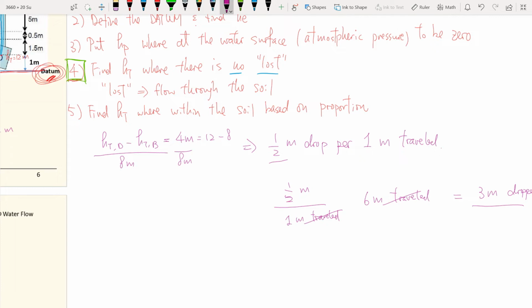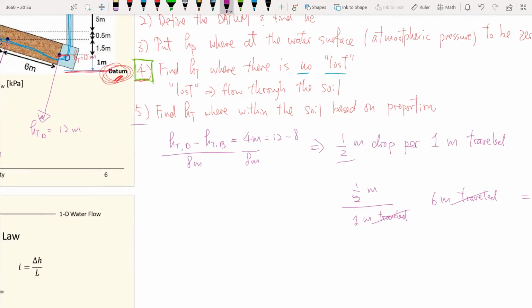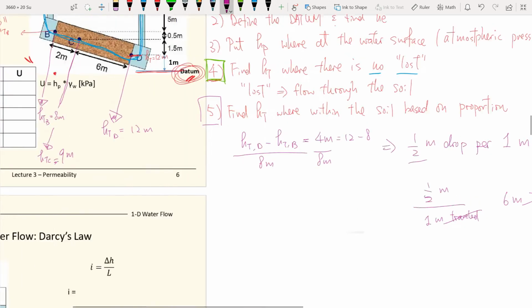If you have different questions, then this will change, and you need to apply these concepts to the new problems. You will see problems in the homework, and also in exams. But you need to understand this concept of proportions. If you need help, come to my office hour. Step number 5 is the most difficult part that you need to handle.